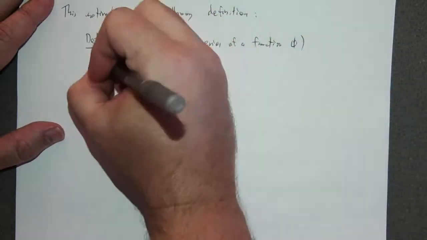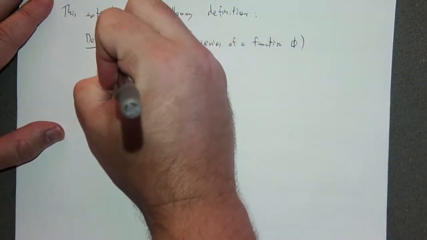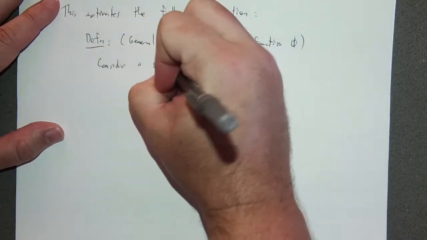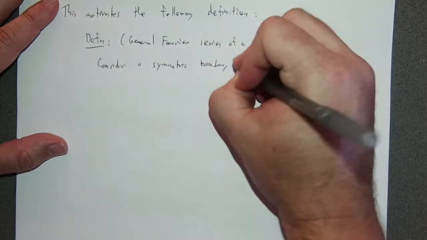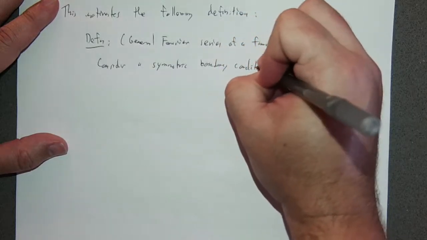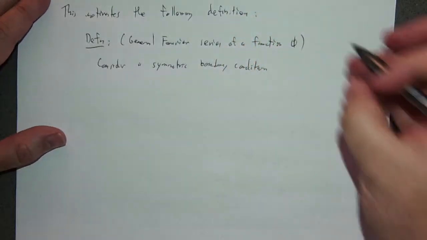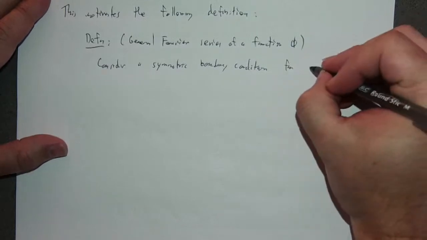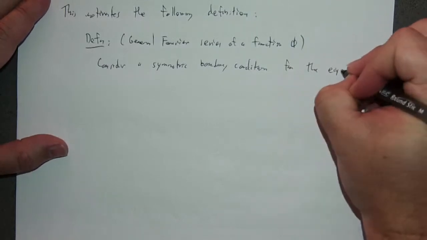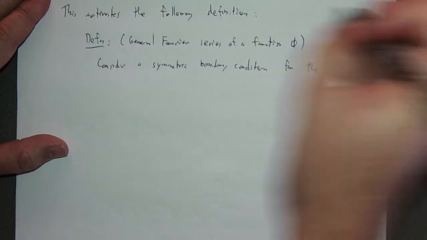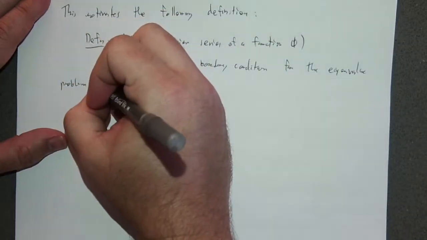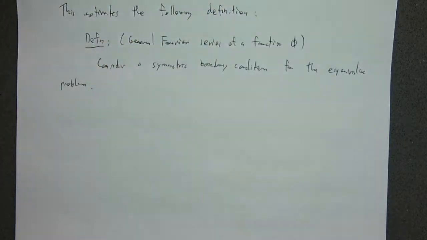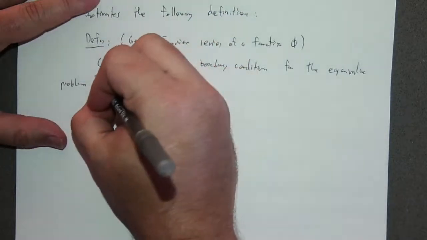So consider a symmetric boundary condition for the eigenvalue problem as before. I'm just going to say the eigenvalue problem. Maybe I should write it out, right?